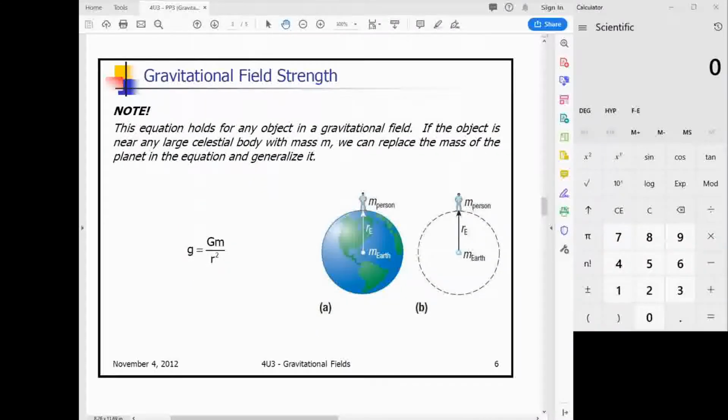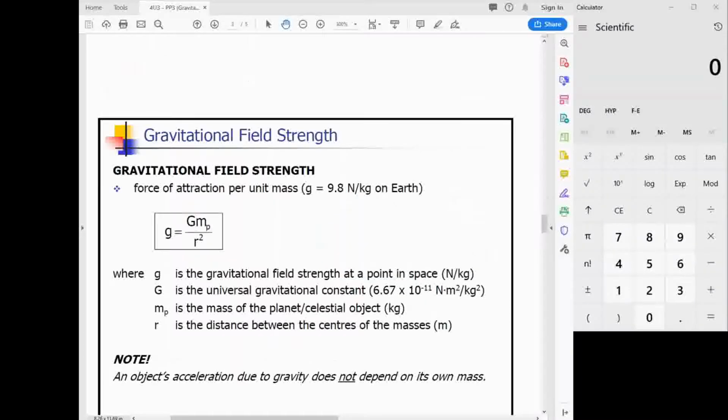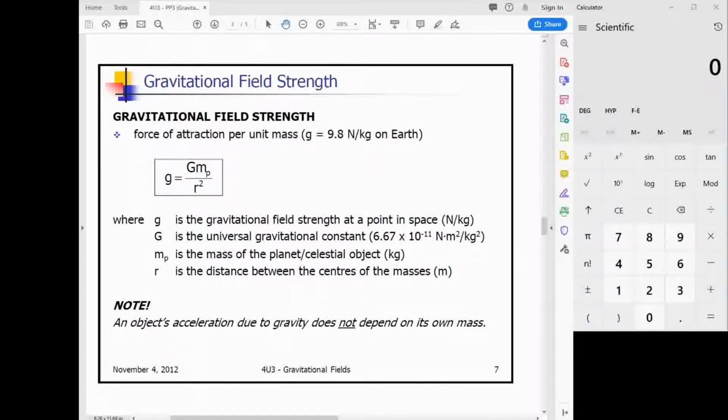So this equation holds for any object in the gravitational field, right? The lowercase g is only dependent on the mass of the large body that we're looking at. So I'd like you to copy this down. Gravitational field strength is the force of attraction per unit of mass. It is 9.8 newtons per kilogram if we're looking at the surface of the Earth.